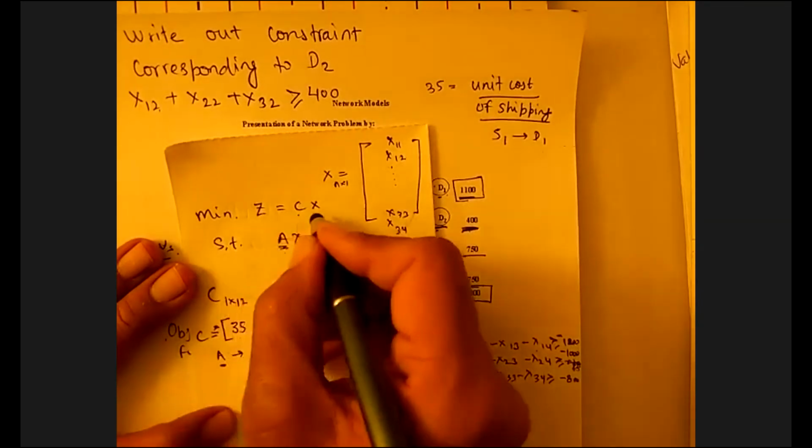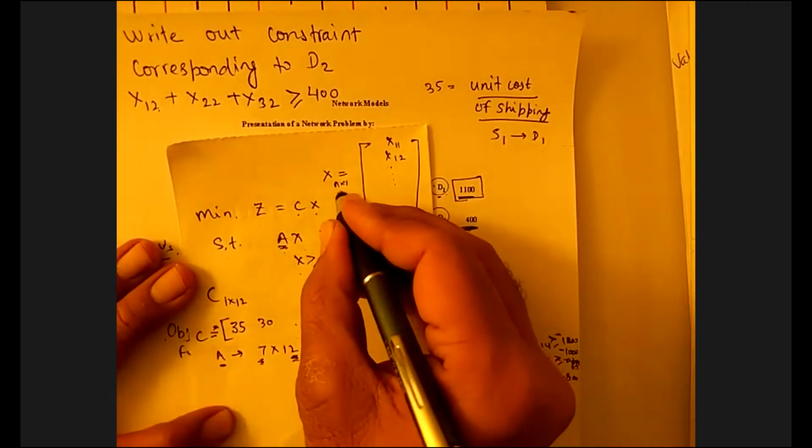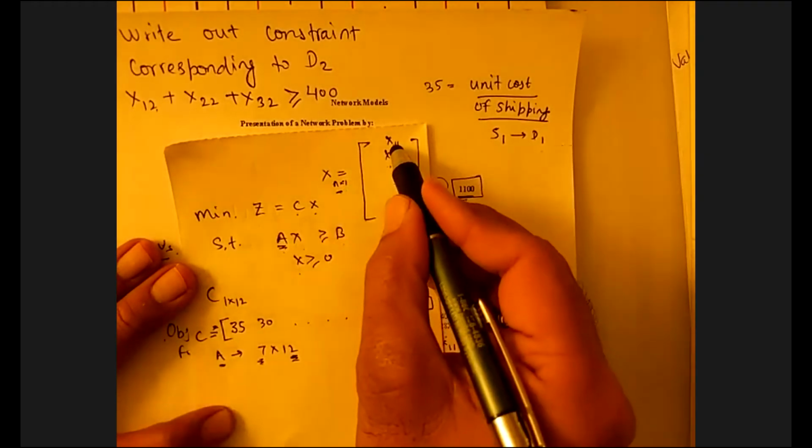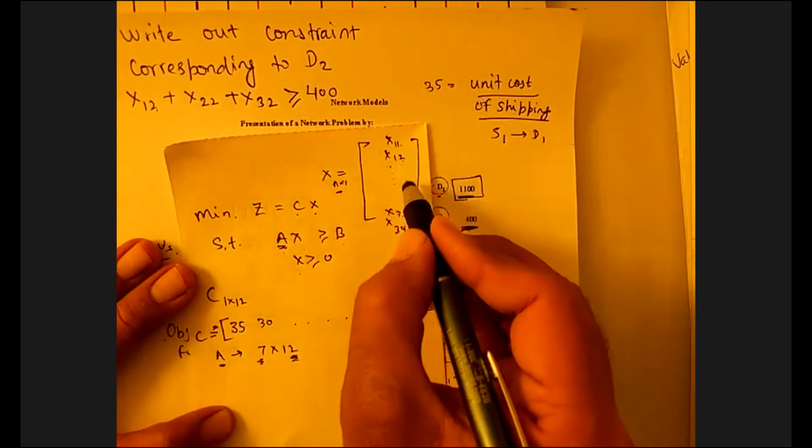I'm trying to write what these c's and x's are going to be. My x is going to be an n cross 1 matrix, or you can call it an n cross 1 column vector. This is what it looks like: x11, x12, x13, and so on. And then my C matrix will be a row vector, 1 cross 12, because it only has 1 row.